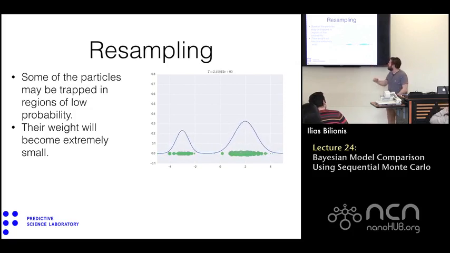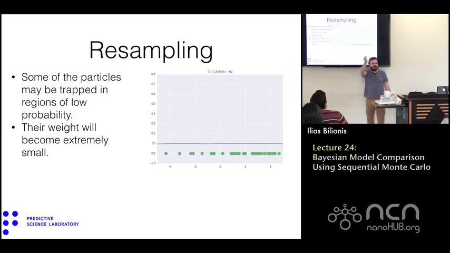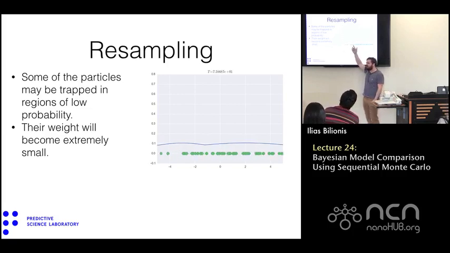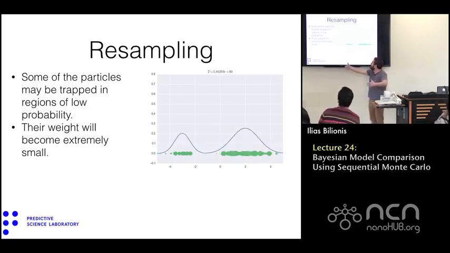So if some of the particles, let's say, find themselves here, they're going to have a very, very small W, and they basically contribute nothing at the end. So what you do is you add a step that resamples the particles. It says, okay, I have particles, each one with different weights. Let me just resample the particles so that the weights become 1 over n again.